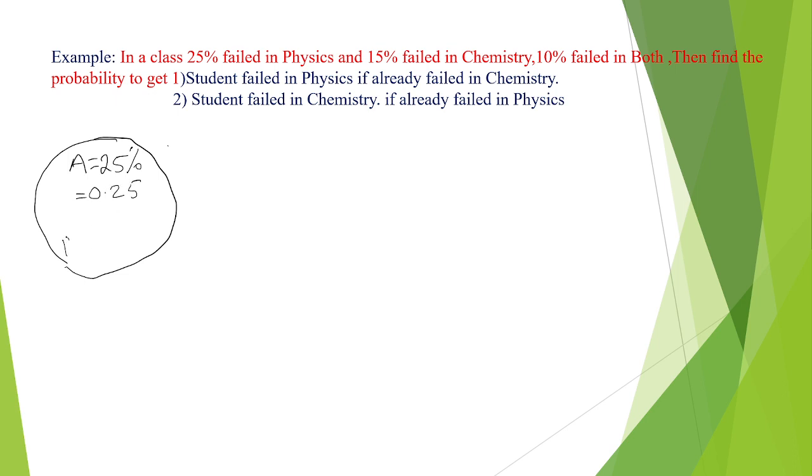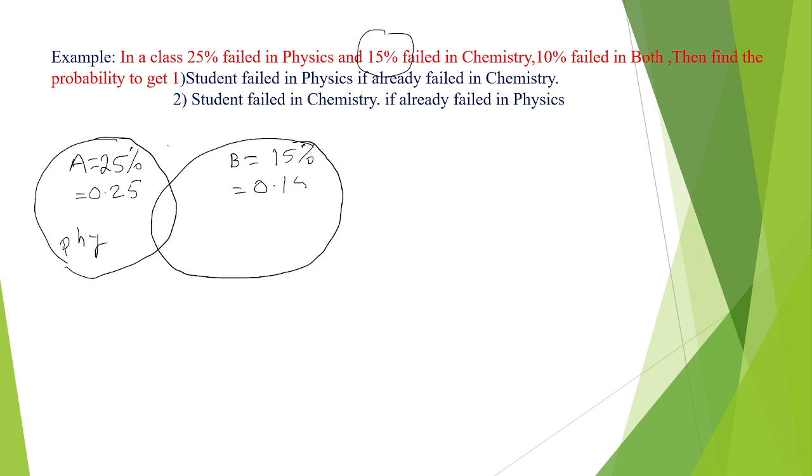And one more class is there, I am assuming this is class B, in which 15% failed in chemistry. 15% means 0.15 probability in chemistry.